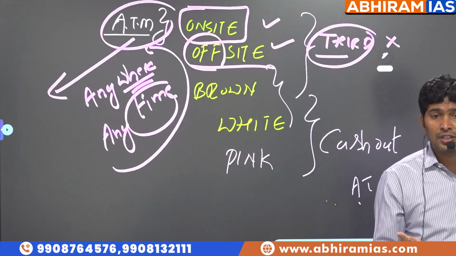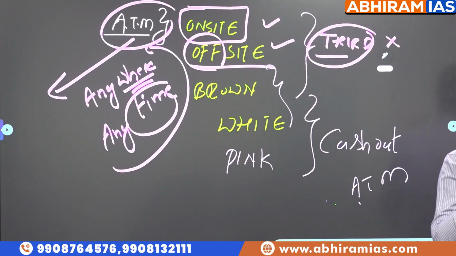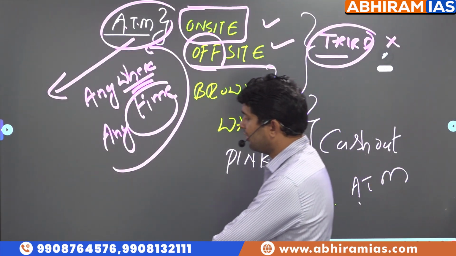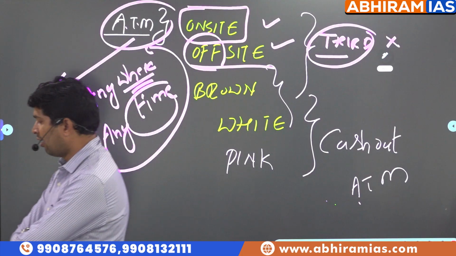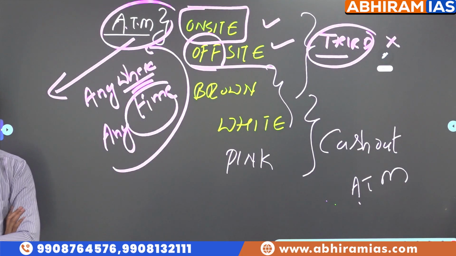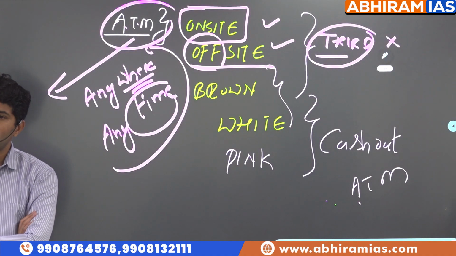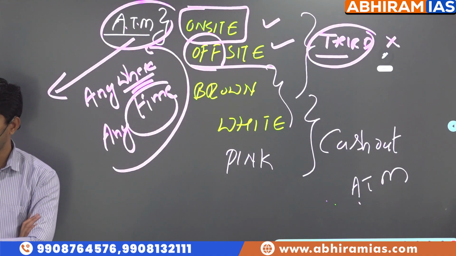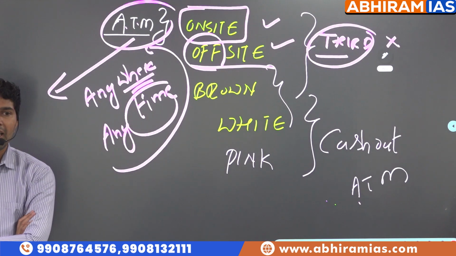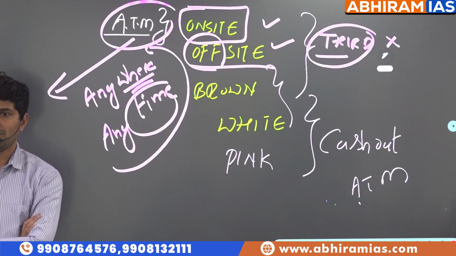There is a definite transaction limit on how much cash you can withdraw. You can withdraw whatever amount you want in your home branch only. If you withdraw in non-home branches, there is a definite transaction limit. You cannot withdraw as much cash as you want there.